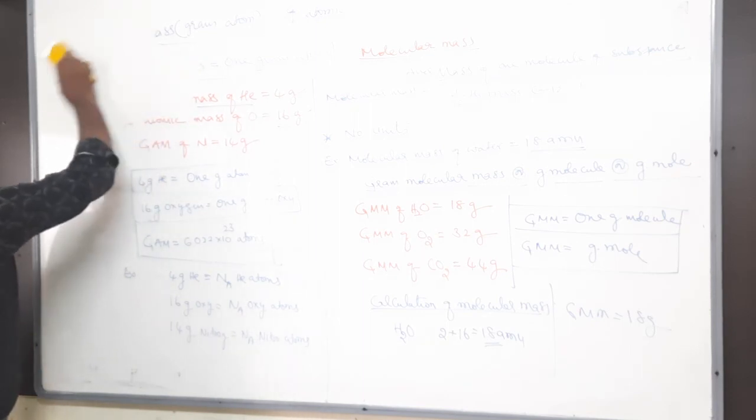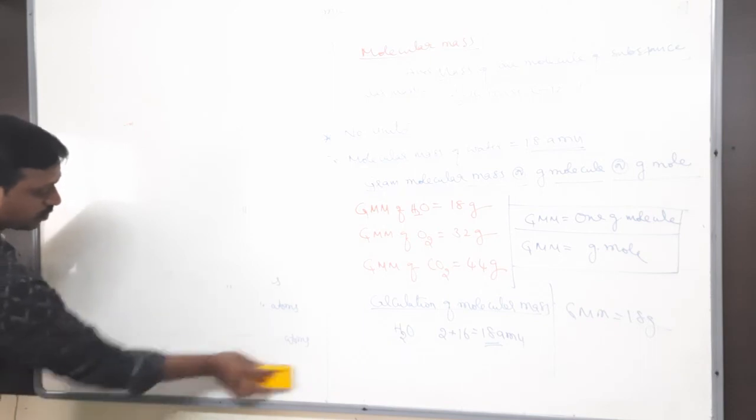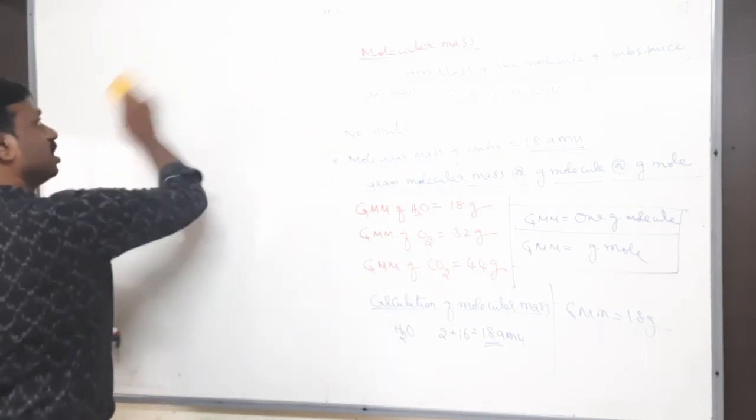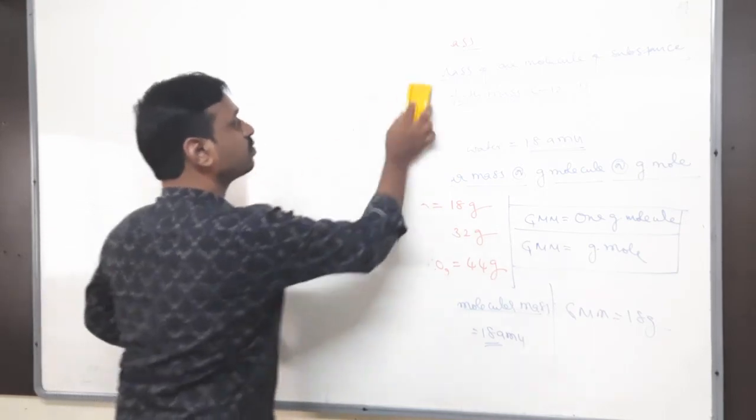Next, molecular mass is also related to the Avogadro number. What is the relation between molecular mass and Avogadro number?